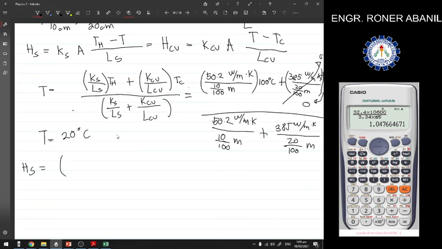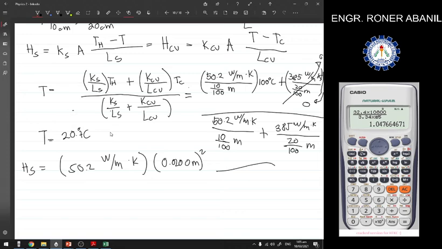Papasok dito yung 50.2 watt per meter Kelvin. 20.7 pala to. Tapos yung area niya, 0.02 squared.